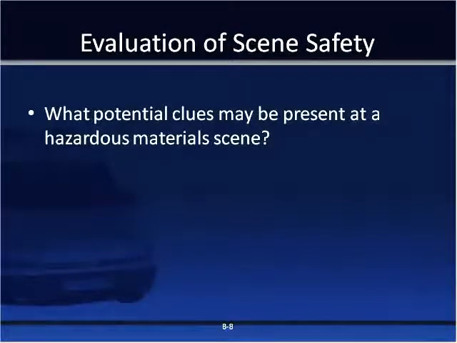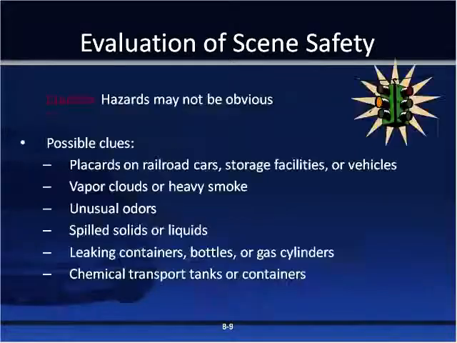What potential clues may be present at hazardous material scenes? Leaks, placards. A driver may be able to inform you. They may have Chemtrec paperwork. At a scene involving toxic substances, obvious hazards may be present. At other scenes, the hazards may not be so obvious.